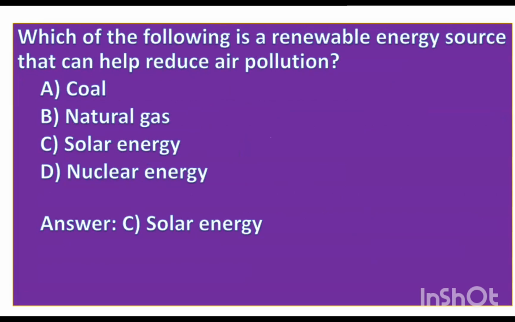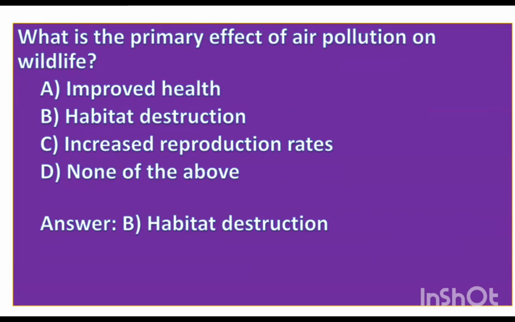Which of the following is a renewable energy source that can help reduce air pollution? Options: coal, natural gas, solar energy, nuclear energy. Answer: solar energy. What is the primary effect of air pollution on wildlife?